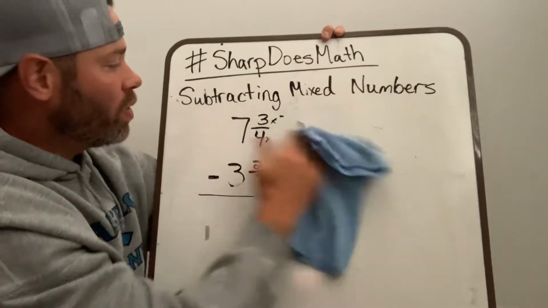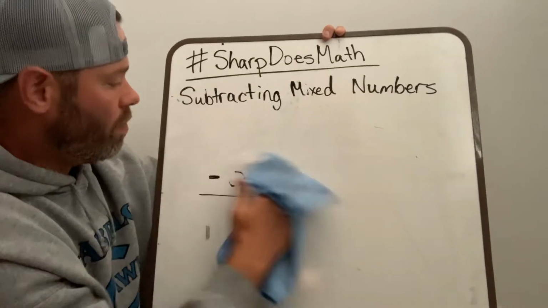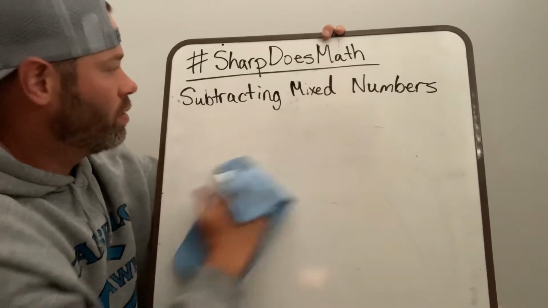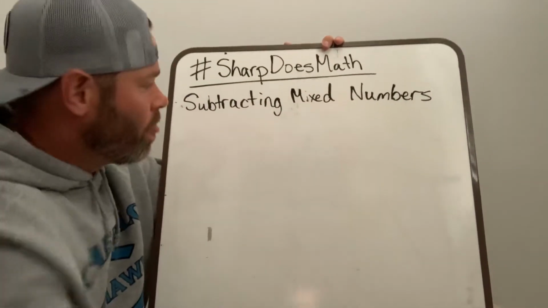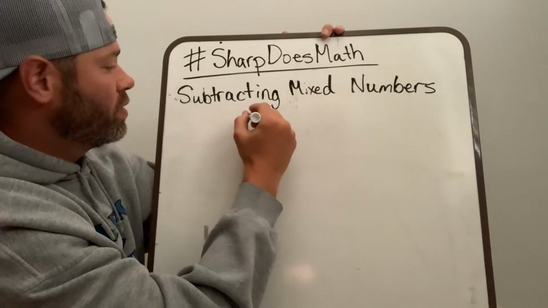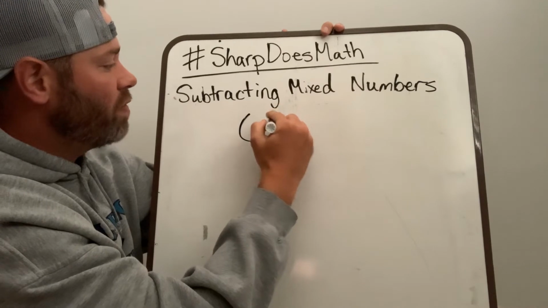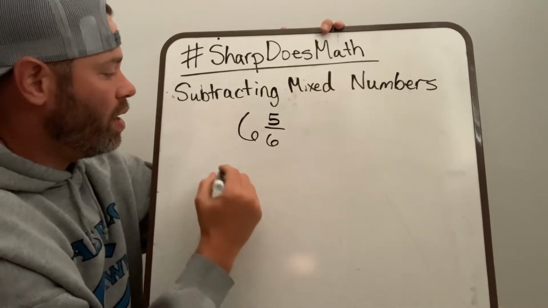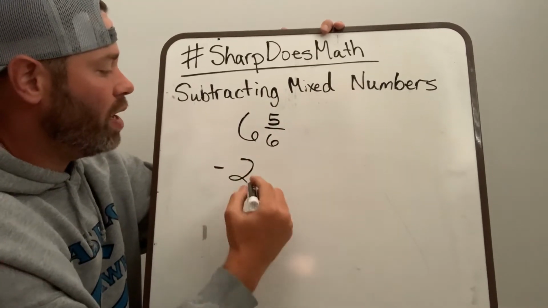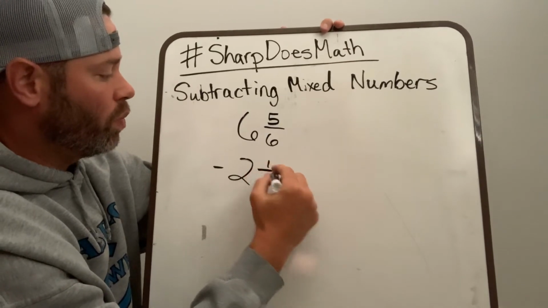I'll give you one more example here, and then that'll be it. So let's go with 6 and 5/6, and we'll subtract 2 and 1/3.